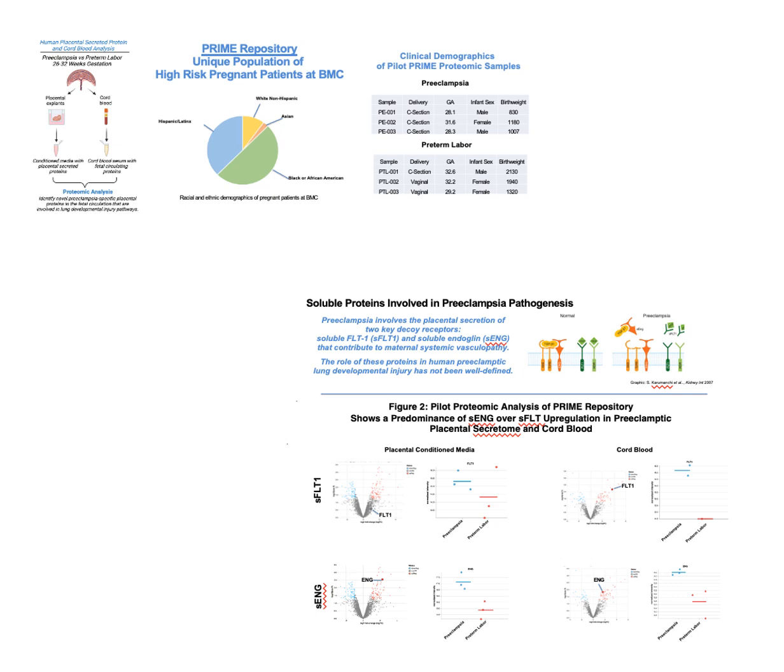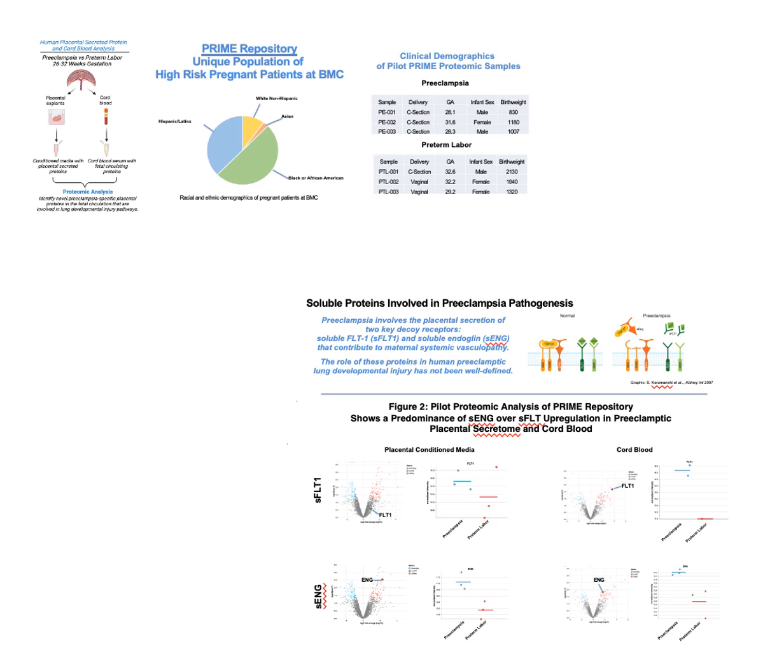The next piece of data I'll show is pilot proteomic analysis of the first set of samples from our repository. And the clinical demographics are listed here. We did have a lower birth weight in our preeclamptic versus preterm labor patients, signifying growth restriction and a pretty severe form of preeclampsia.